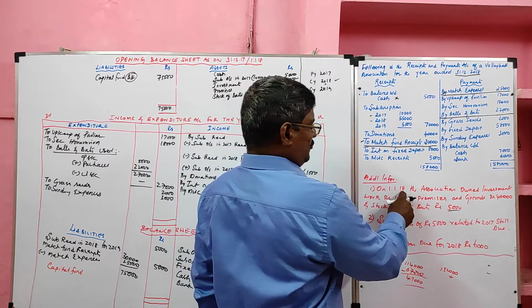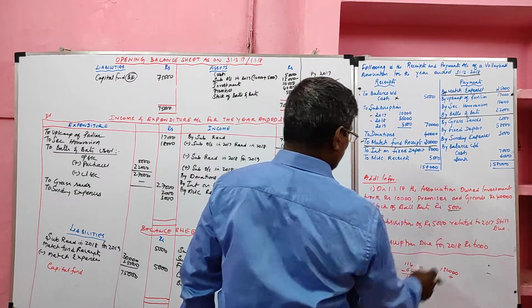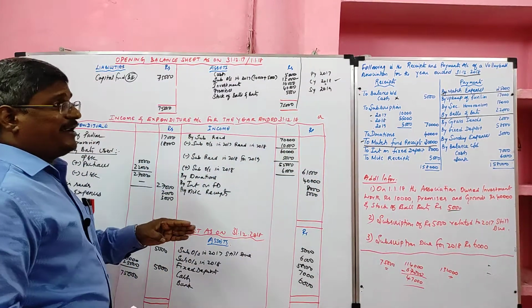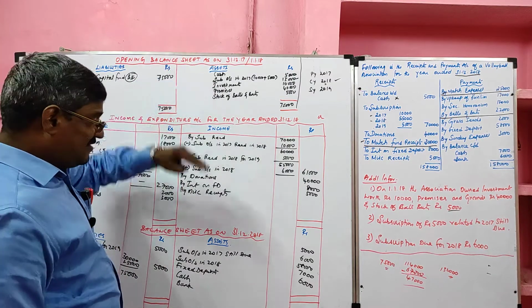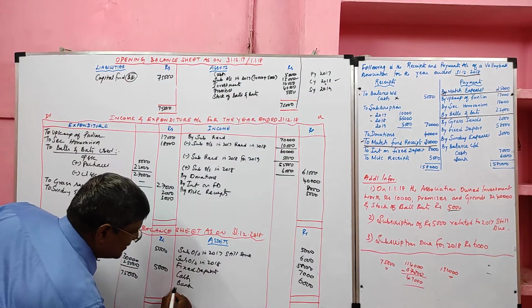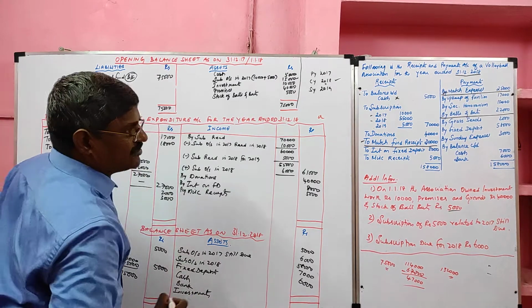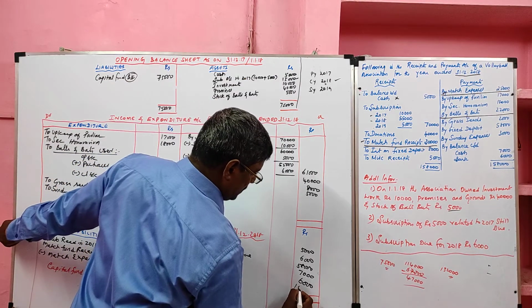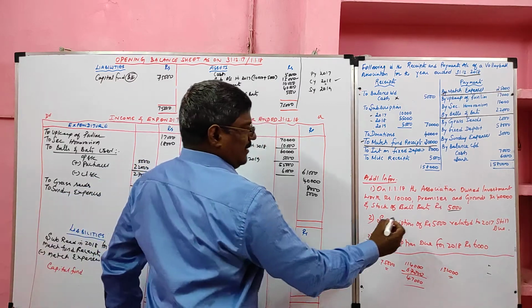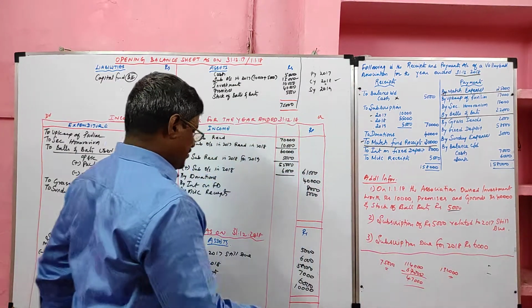Before closing income and expenditure account balance sheet, we have to go through the additional information. On 1st January 2018, the association owned an investment. The investment which should be recorded in the opening balance sheet asset side as well as in the closing balance sheet asset side, because the investment were not sold. Investment value how much? 10,000. Then premises and ground worth 40,000, not yet sold.